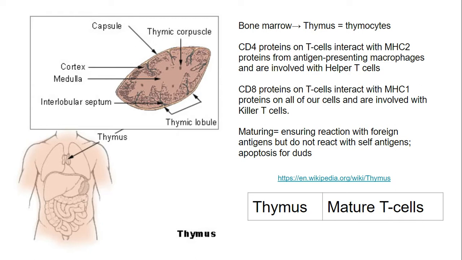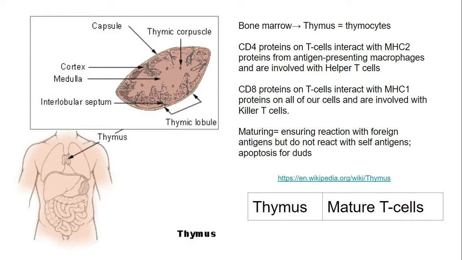So if there are duds in this process, if you have some T cells that are initiating an immune response against ourself and causing a disease where our immune system is attacking our own body, then at this point we're hopefully having this checkpoint where those go through apoptosis and are destroyed because they're not working right.